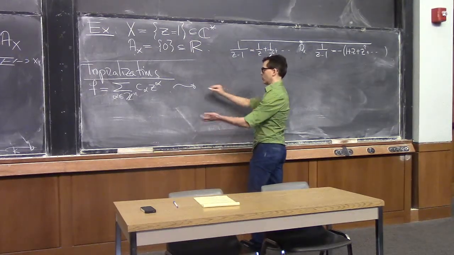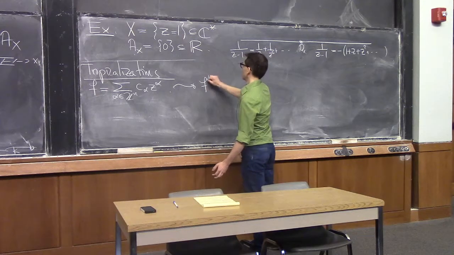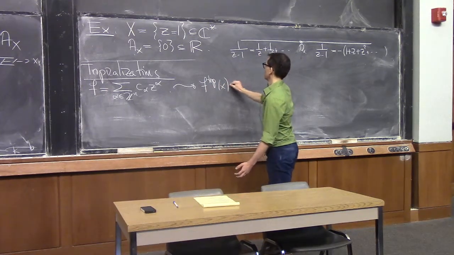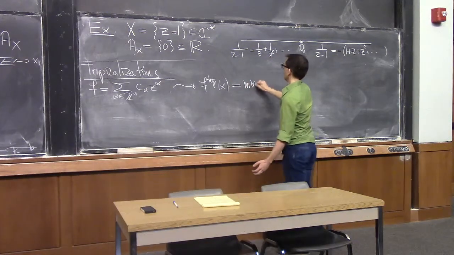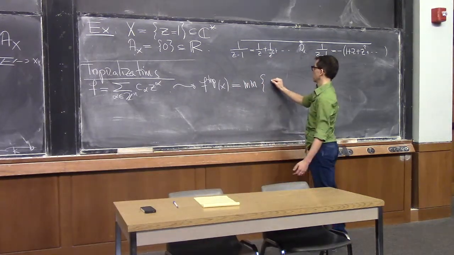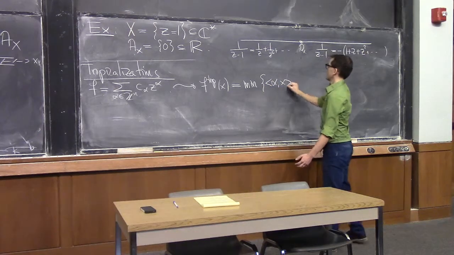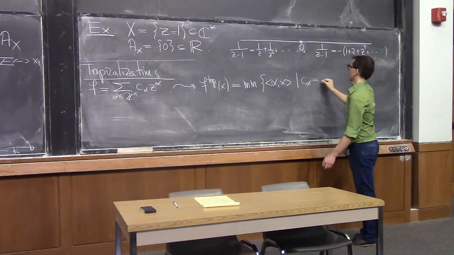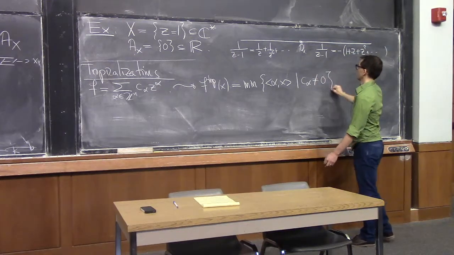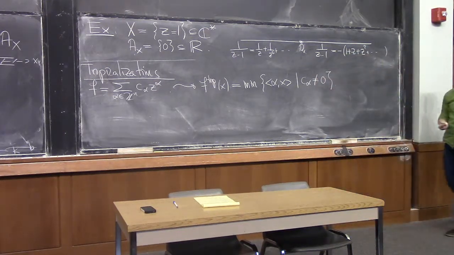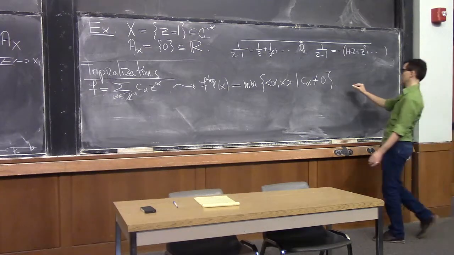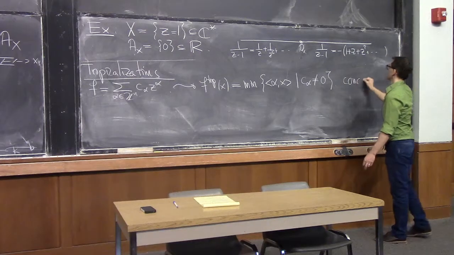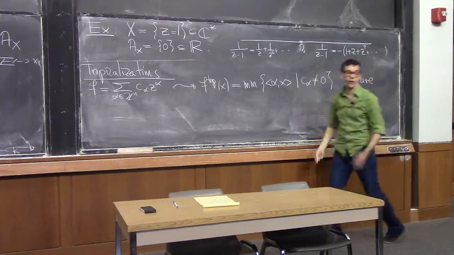So you define a tropical polynomial f trop on R^n. You define this to be the minimum: you take alpha against x, and you take the minimum over all those alpha for which C alpha is different from 0. I don't care about what C alpha is, I just look at the ones that show up here. This is a concave function, and it's piecewise affine.